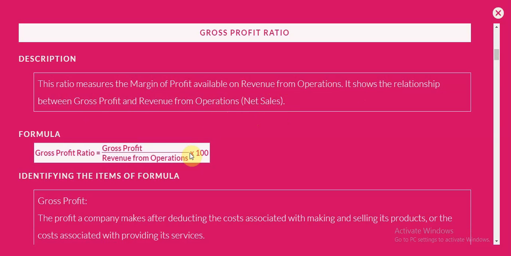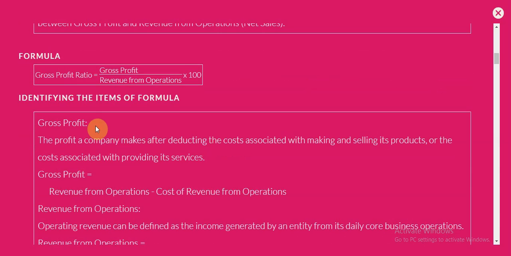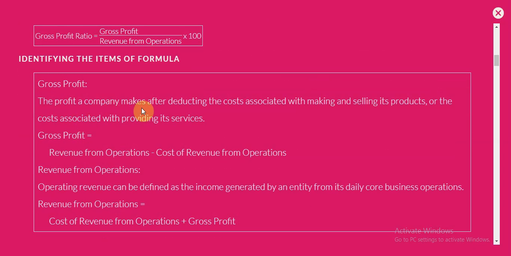What will be the gross profit ratio formula? It is gross profit divided by revenue from operations into 100. We will understand the items of the formula. The first thing is gross profit. It is the profit a company makes after deducting the costs associated with making and selling its products, or the costs associated with providing its services.